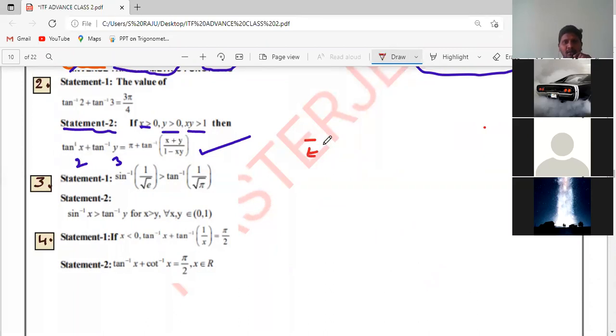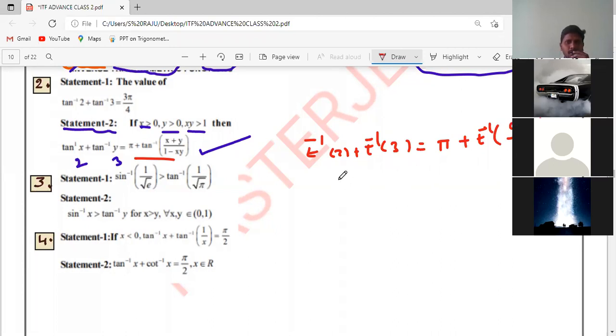Tan inverse 2 plus tan inverse 3 is the same as tan inverse x plus tan inverse y. If I use this, pi plus tan inverse of (x plus y) by (1 minus xy), that is (2 plus 3) by (1 minus 6).